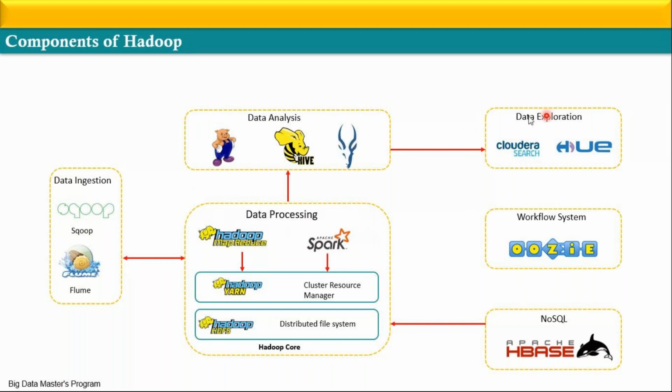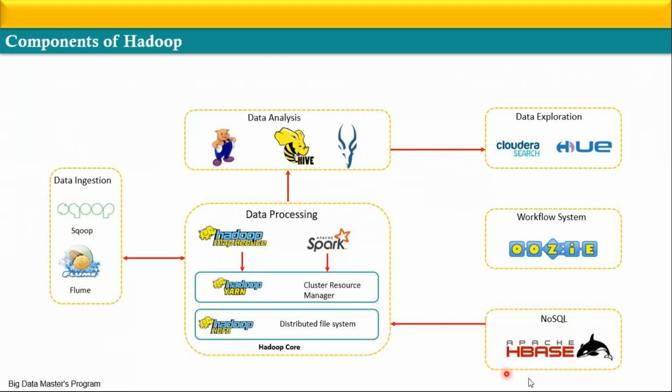Oozie is the workflow system. If you want to schedule certain jobs, you will be able to schedule them with the help of Oozie. Oozie, Airflow, different schedulers are available in the market. Say you want to take a report, you want to run a particular script at 9 a.m. in the morning, you can schedule it with the help of Oozie.